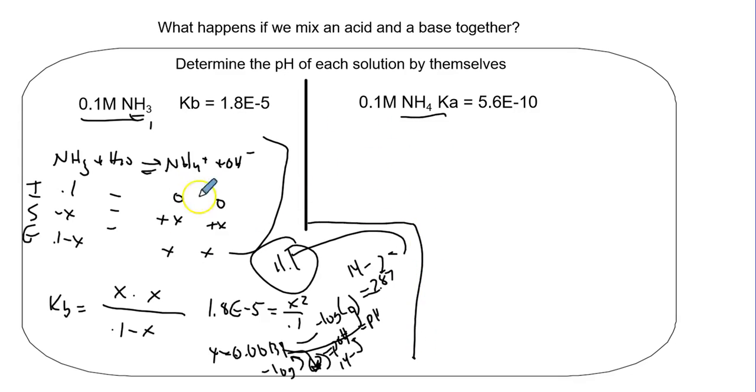Now I'm going to skip all this and just go 5.6 e to the negative 10th equals x squared over 0.1. Multiply it out, I get 5.6 e to the negative 11th, and square root it.